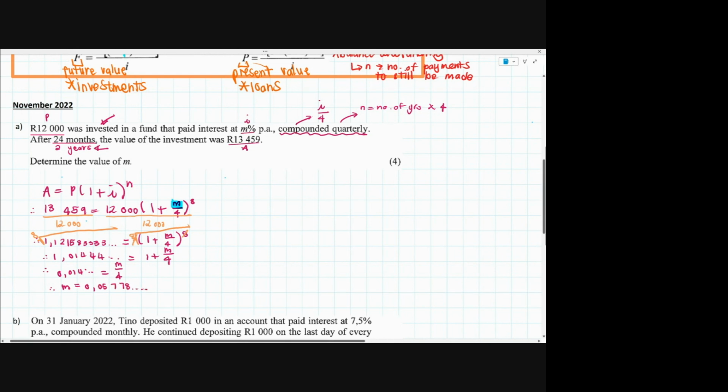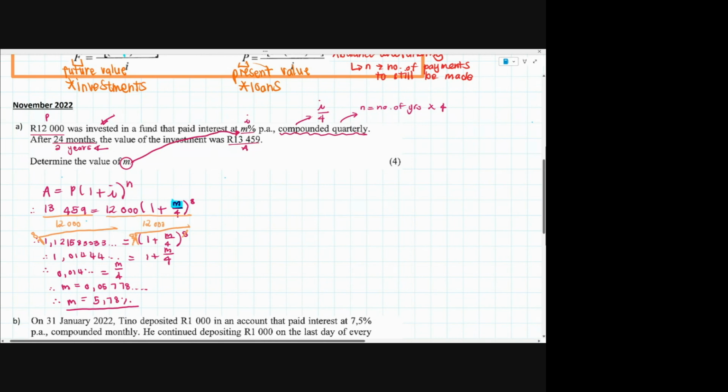0,05778, blah, blah, blah. Now, guys, remember it says determine the value of m, but m is a percentage. Whenever you are working out an i value or m value, something that represents the interest rate, it must always be as a percentage. So all you do is you times this by 100, and we get that m is equal to 5,78%.